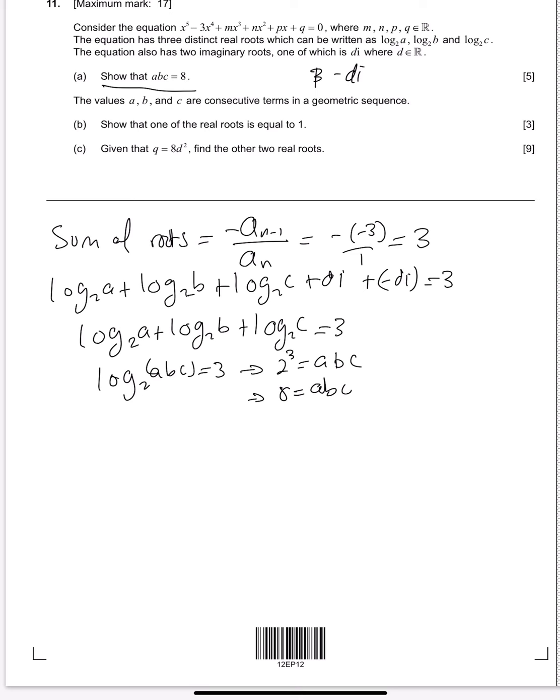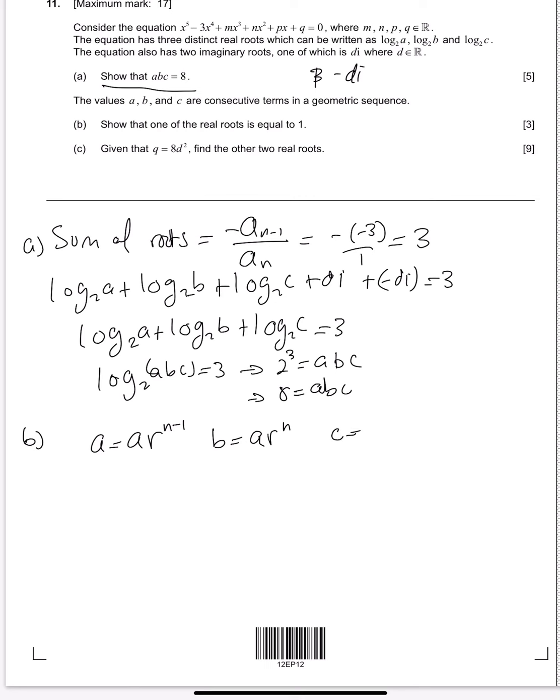All right, part B. In part B, we wanted to show that one of the real roots was equal to 1, given that a, b, c are consecutive terms in a geometric sequence. Since we don't know where in the sequence they are, I'm going to say that b is equal to a r to the n, and a will be a r to the n minus 1.